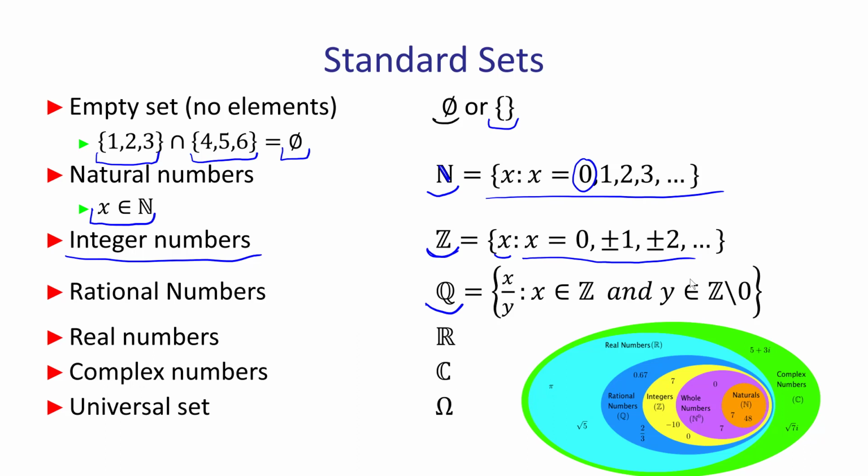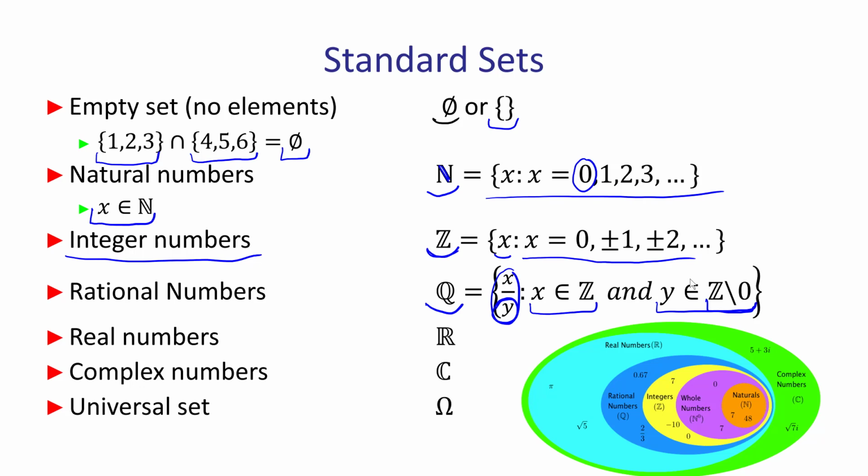Now, pay attention that this is such a ratio x over y that x belongs to Z, so x could be 0, plus minus 1, plus minus 2, and so on, and y could be Z minus 0, which means Z which is not including 0 because you cannot divide by y equals 0. So we need to exclude 0 from that set. And then it will be rational numbers. It's just some sort of fraction.